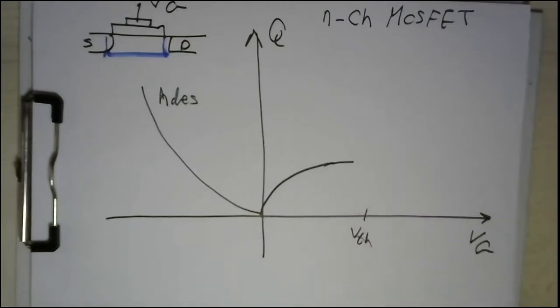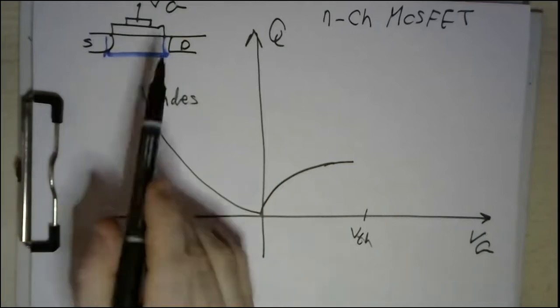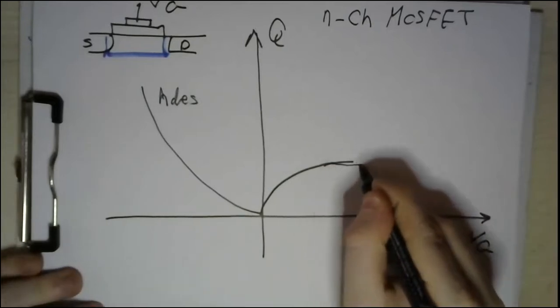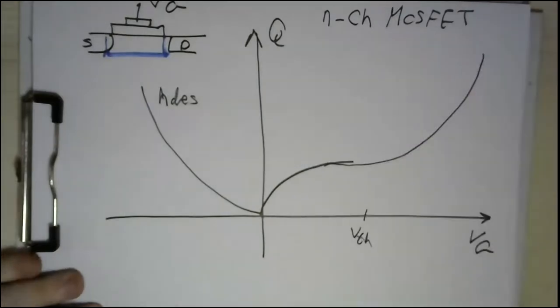Then, once you reach the threshold voltage, this layer will turn to be an N-type, and we will enter what's called the inversion phase, where charge accumulation takes this manner.